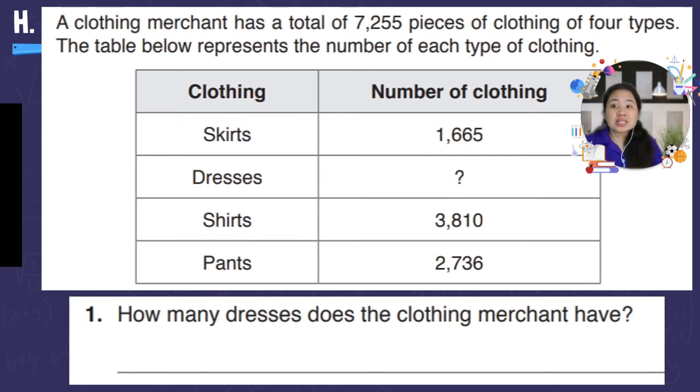Please change the amount in your book. This should be 9,167. Not 7,255.